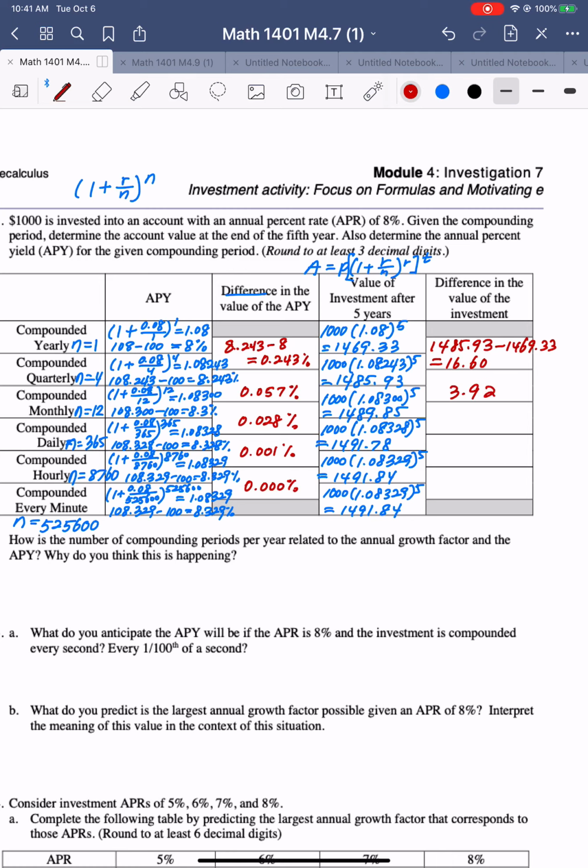And subtracting 1491.78 minus 1489.85, I got 1.93. 1491.84 subtracting 1491.78, I got 0.06. And then 1491.84 subtracting 1491.84, it's going to be 0.